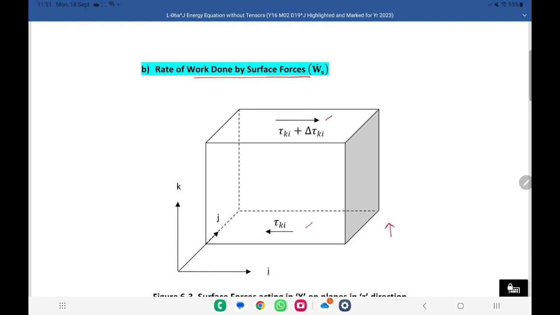So the one will be the bottom plane, the second is the top plane. So this tau ki, the first component is direction of plane, and the second component is direction of force.